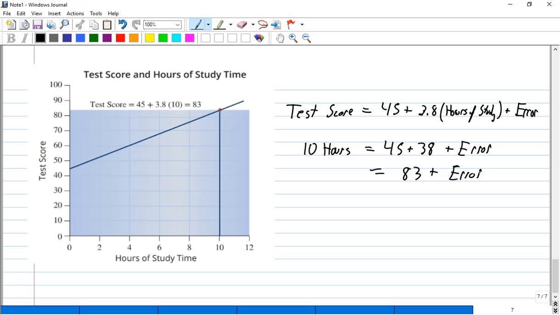And so that error could be positive, it could be negative, it could affect my score, and it's going to probably be different from person to person. But let's say that the error was about 5 points. Well, that would be reasonable. So if I study for 10 hours, I'm going to make between a 78 and an 88.